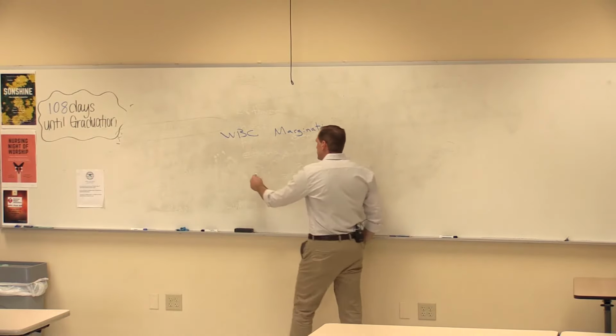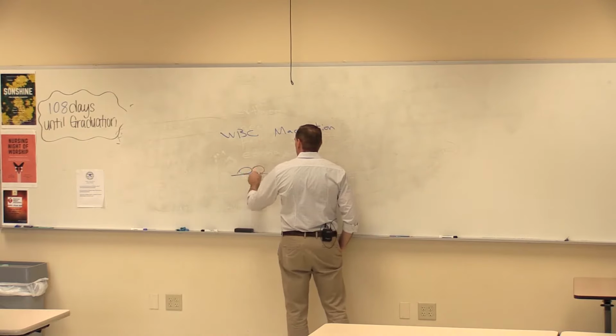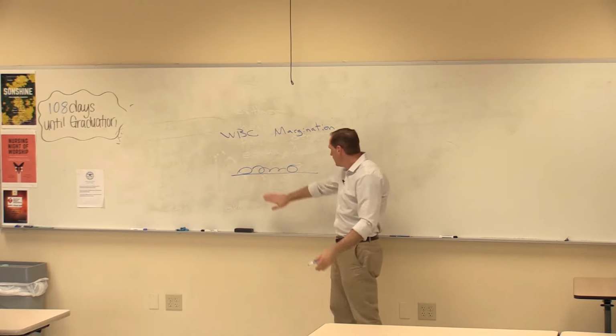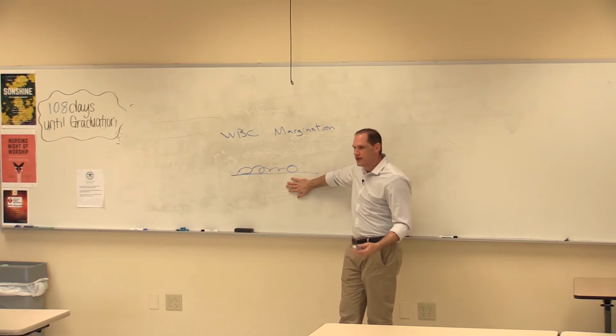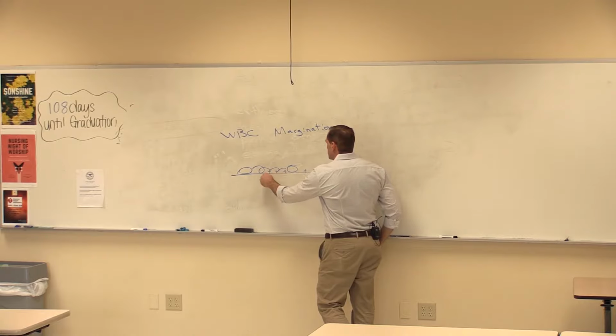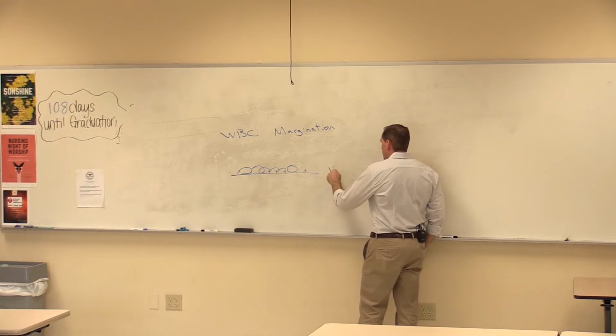Now, the white blood cell will begin to actually roll along the blood vessel. What allows it to roll along, in part, is a change in the blood vessel itself. So the blood vessel begins to grow these little proteins that the white blood cell can stick to. And these are called VCAM.